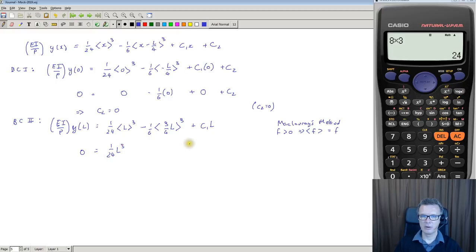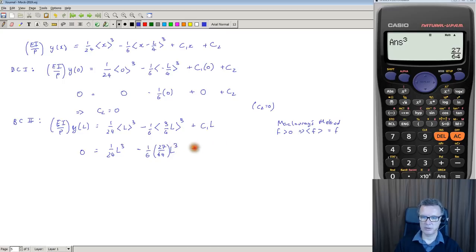I think I'm going to use a calculator to solve this. 3 divided by 4 to the power 3. So minus 27 over 64 L to the power 3.